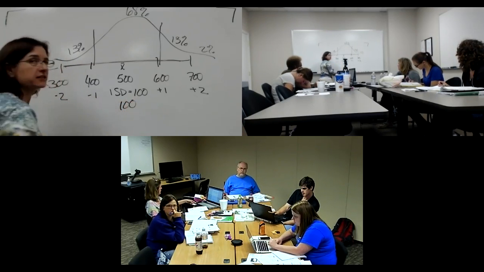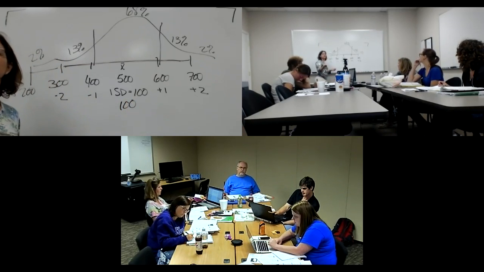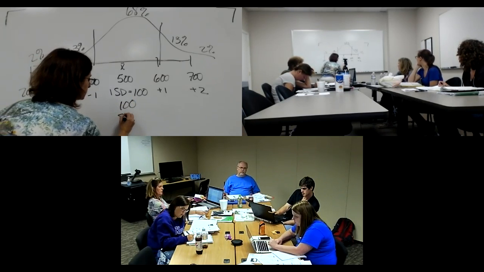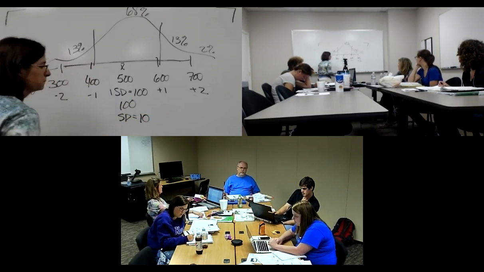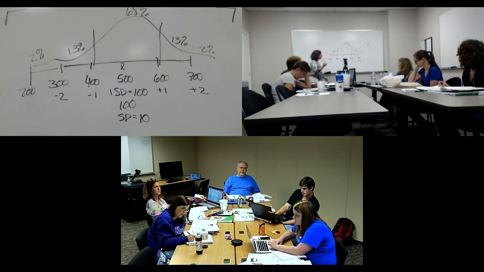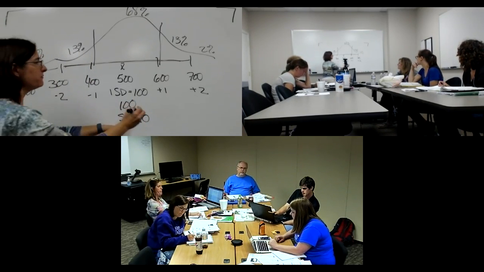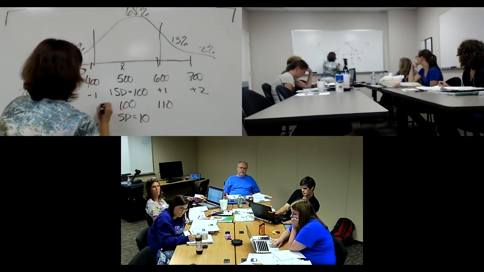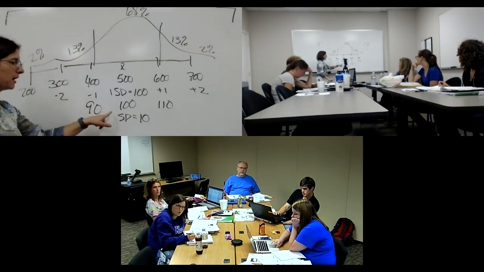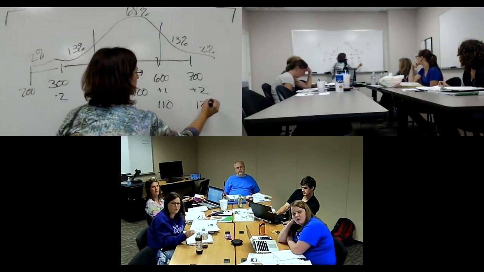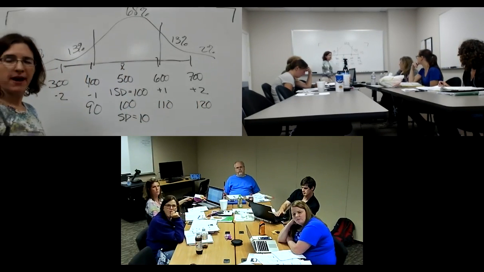100 is average. The standard deviation on an IQ score is 10, depending on the instrument that you use. But if a standard deviation is 10, then average is going to be from 90 to 110. You've got an average IQ if your number is between there. If you go up to 120, that's above average.